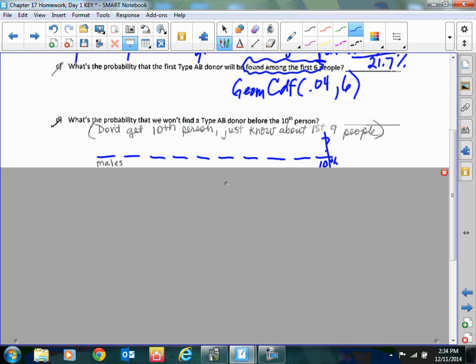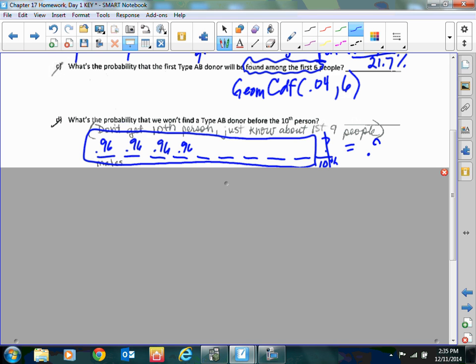All it says is that these 9 here are not an AB donor. So what's the probability that this is not, and this is not, and this is not, and this is not, and so on? So technically this is just 0.96 to the 9th power.